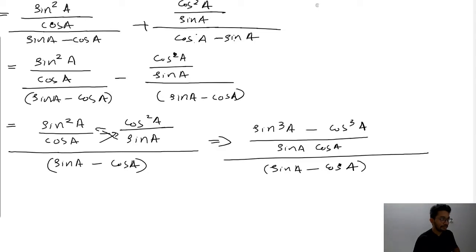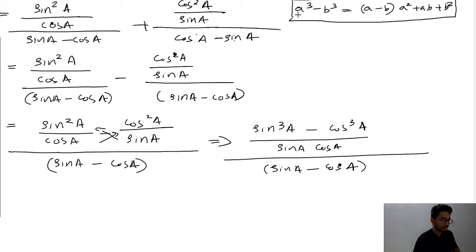I think we have learned an identity like this: A cube minus B cube is equal to A minus B into A square plus AB plus B square. If you don't know this, just learn it.